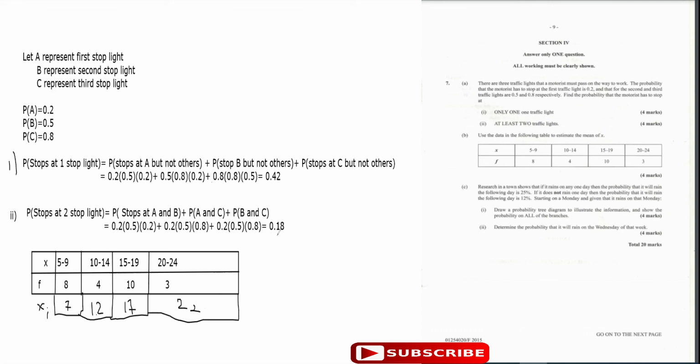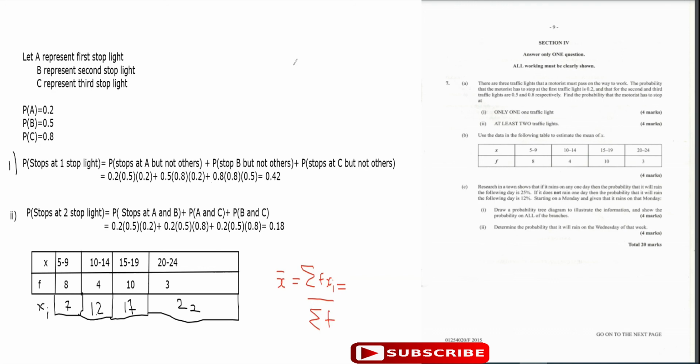Now you might be wondering, why do I want to know that? That's because that's how we're going to find the mean. The mean is given by bar x, and bar x is equal to the sum of f times xi divided by the sum of f. That's how we find bar x.